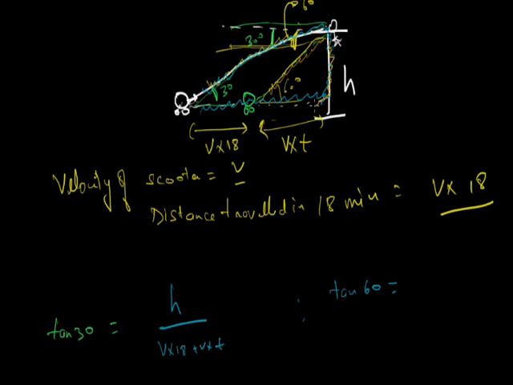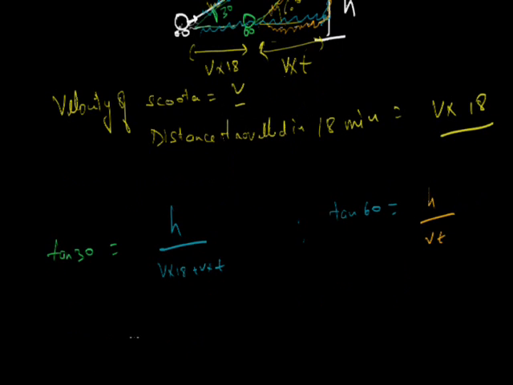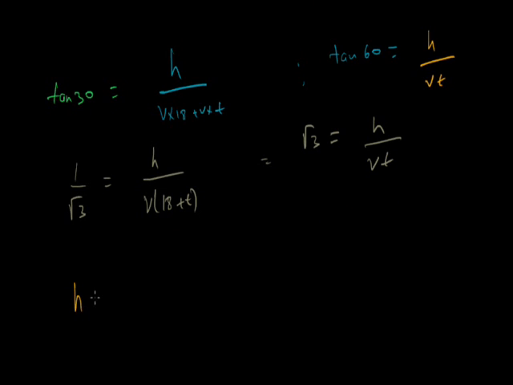Tan 60 in this triangle is perpendicular upon base, h upon v into t. The value of tan 30 is 1 upon root 3, which is h upon v into 18 plus t, so h is v into 18 plus t upon root 3. And tan 60 is root 3, so here h is root 3 times vt.